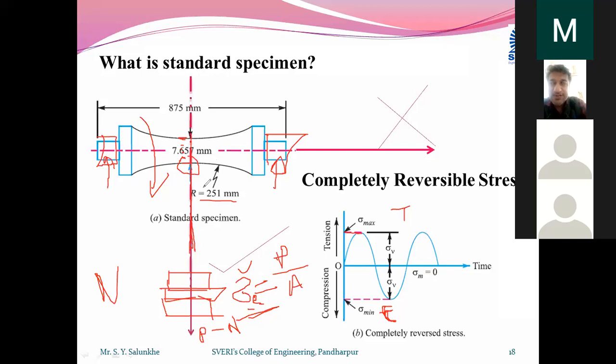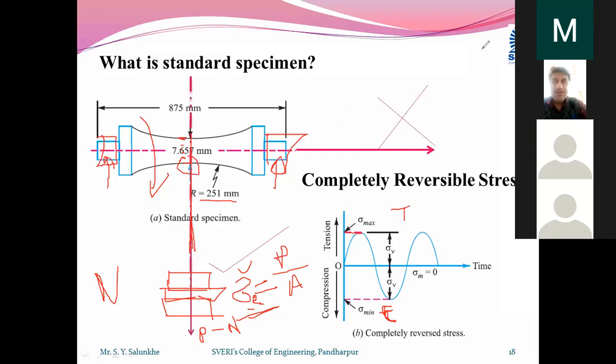What will that value of stress be? Anybody of you? What will be the value of that stress? Yield stress. Yes. Yield stress, right? That will be the yield stress of that particular material.